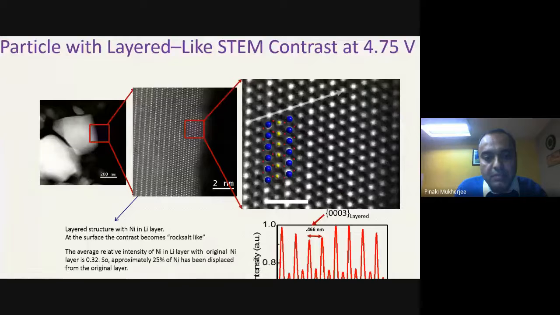We have quantified that approximately 25% of the nickel is moving from its original position to the lithium layer, but there are some vacancies and dislocations and all other things, which provide sites for lithium to intercalate into the layered structure.